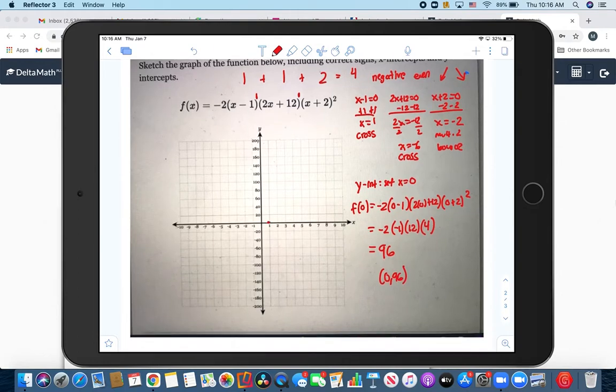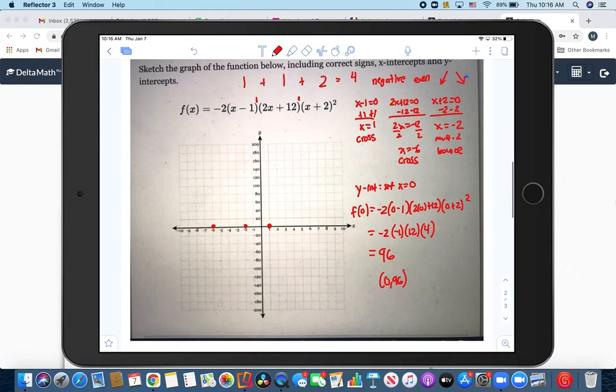Alright, so we had a zero at 1. We had a zero at -6. And we had a zero at -2. And we know the end behavior is down, and it's down. Alright, so this is where you would have to drag your mouse, right? So at -6, you guys, it is a cross, so we're going to cross.